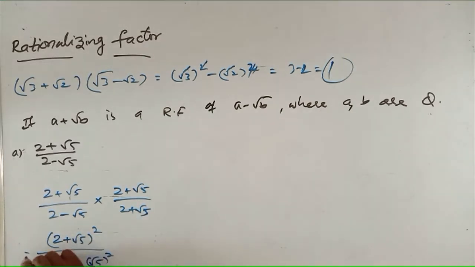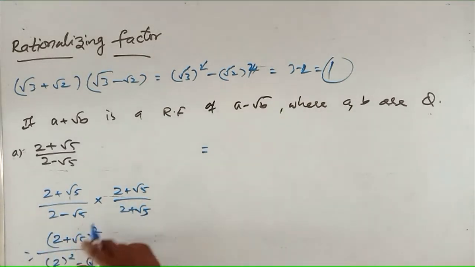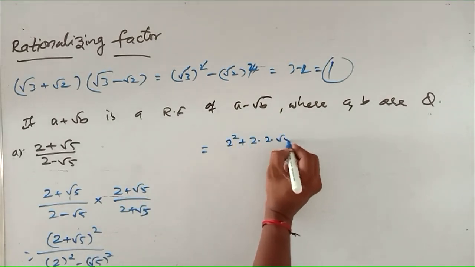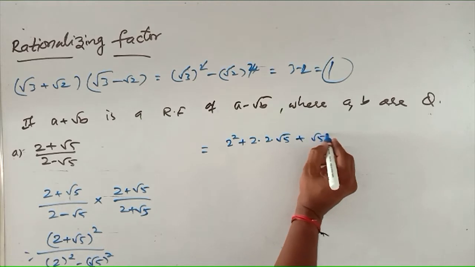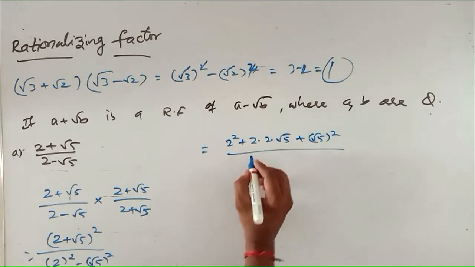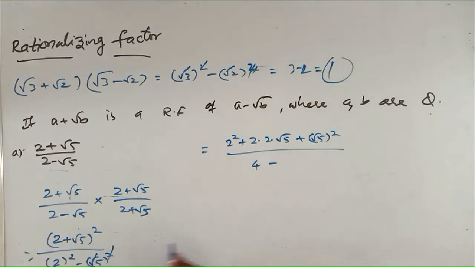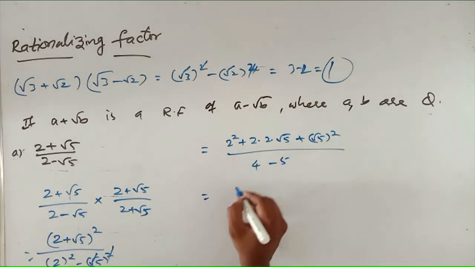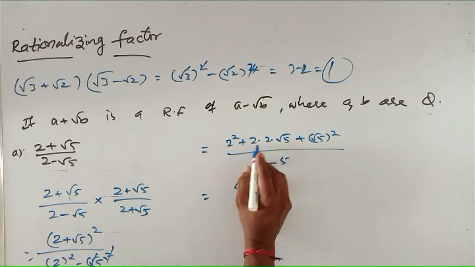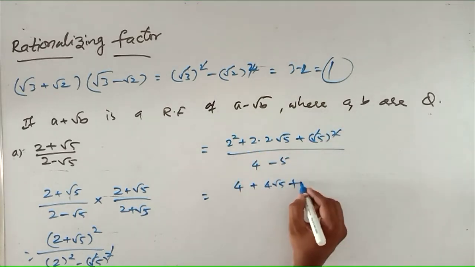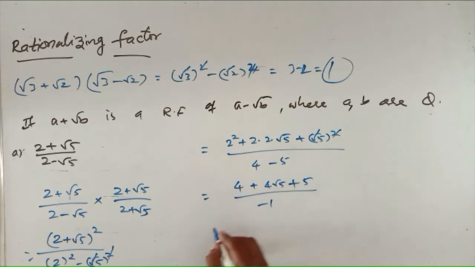Using the (a plus b) whole square formula, that equals a square plus 2ab plus b square, over a square, which is 4, minus root 5 whole square, which is 5. Now that equals 4, since 2 square is 4, plus 4 root 5 plus 5, by minus 1.